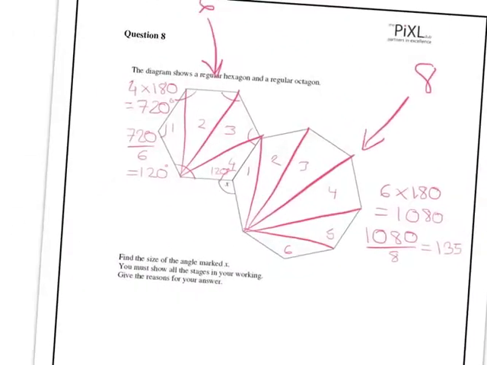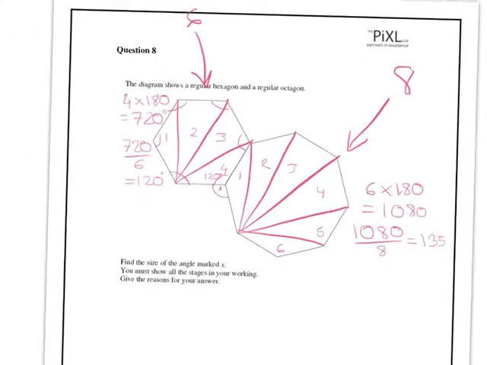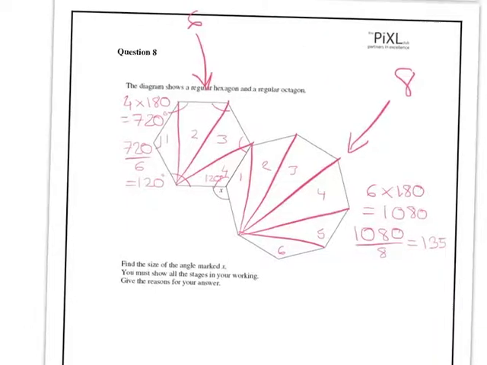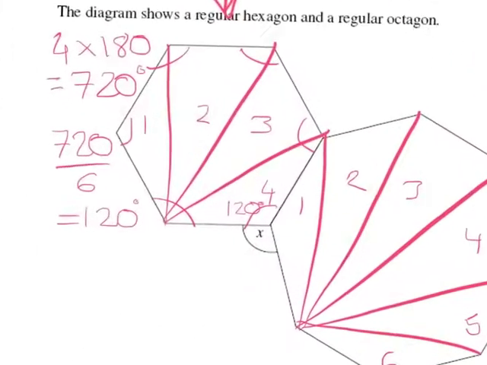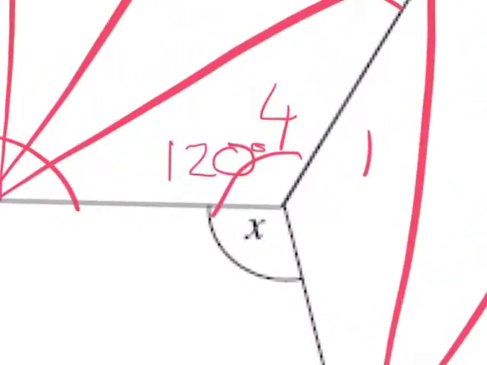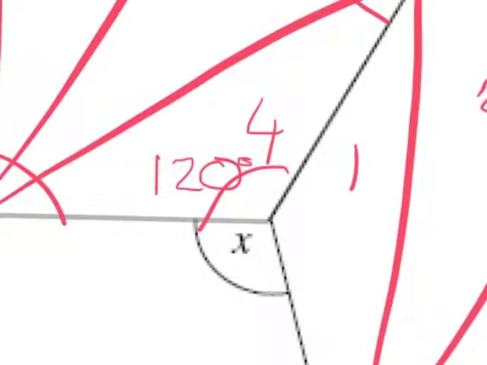So let's take a bigger view of the picture. We've got here 2 polygons, and we're going to zoom in onto the X, the area we're trying to find. I'm going to go right in to avoid any confusion from anything else. We've got the 120 degrees on the upper left, and here we've got 135, which we just calculated. So 120, 135, and the X all make up round a point.